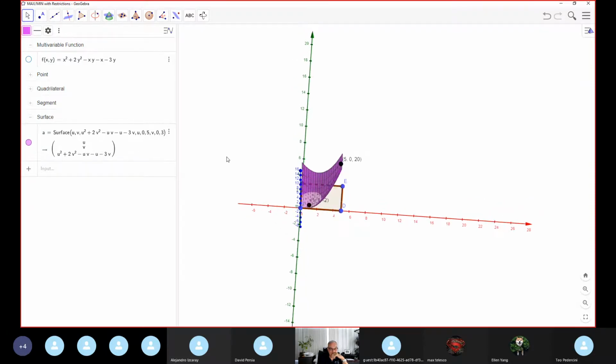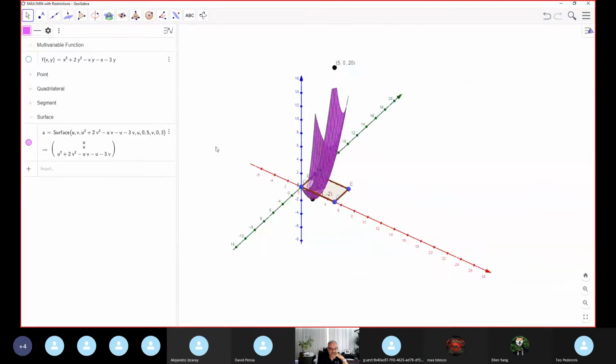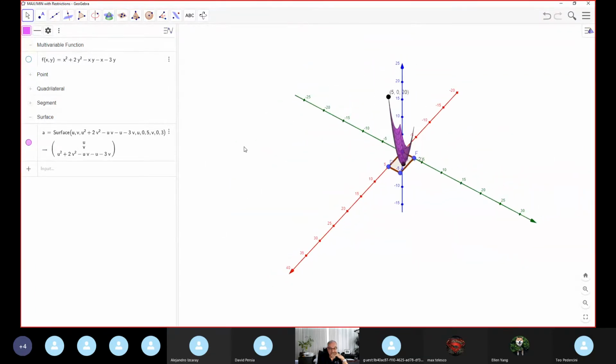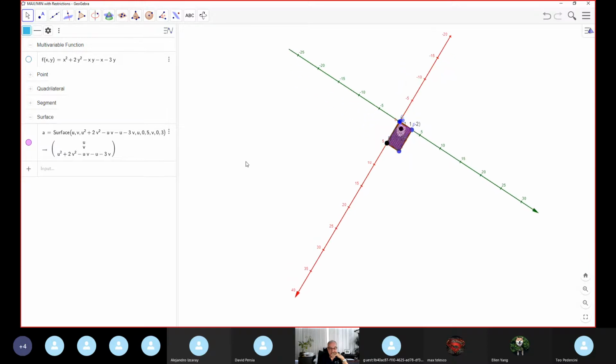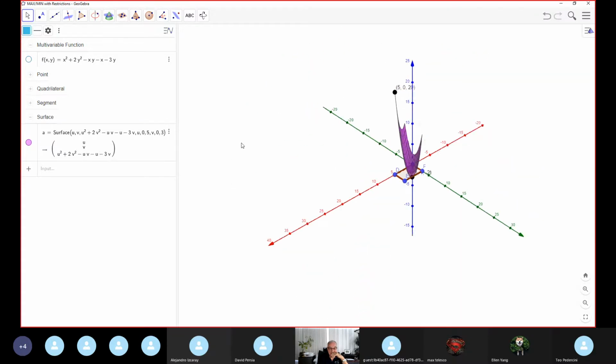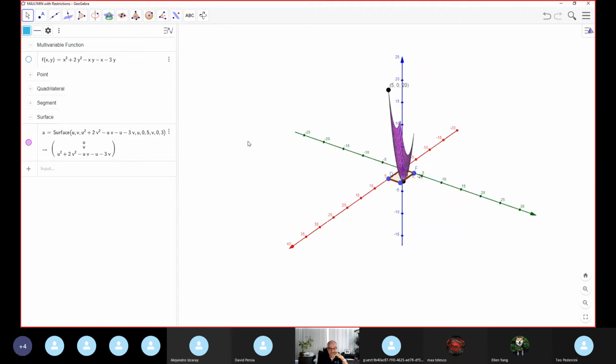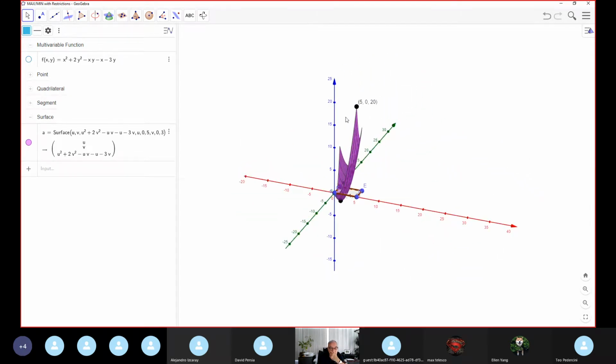Look, let me show you, but in 3D. Let me zoom. This is exactly the paraboloid. Look at that. It's the piece defined inside this. And when you evaluate, look at that. This is the global max, which is (5, 0), which is 20.